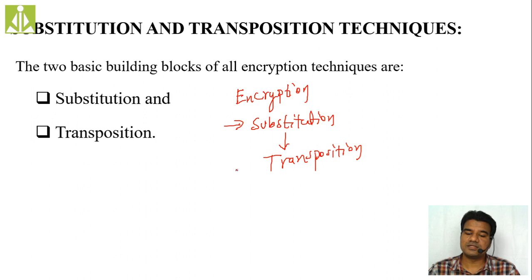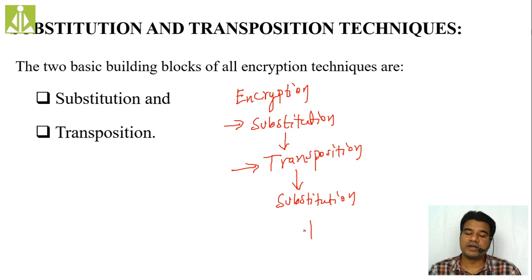Whatever techniques they are applying, the order in which they are applying them, they will maintain confidentially, because this will also become a part of your key, confidential information only. Again they will perform, let us say, substitution. Like this they will do, and finally they will get the ciphertext.